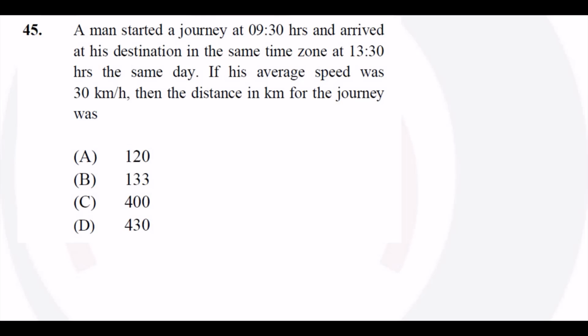If his average speed was 30 kilometers per hour, then the distance in kilometers for the journey was... Alright, so let's calculate our time. 13:30 minus 9:30 to see how many hours. So 9 from 13, we are left with 4. So it takes 4 hours. So that's the time.